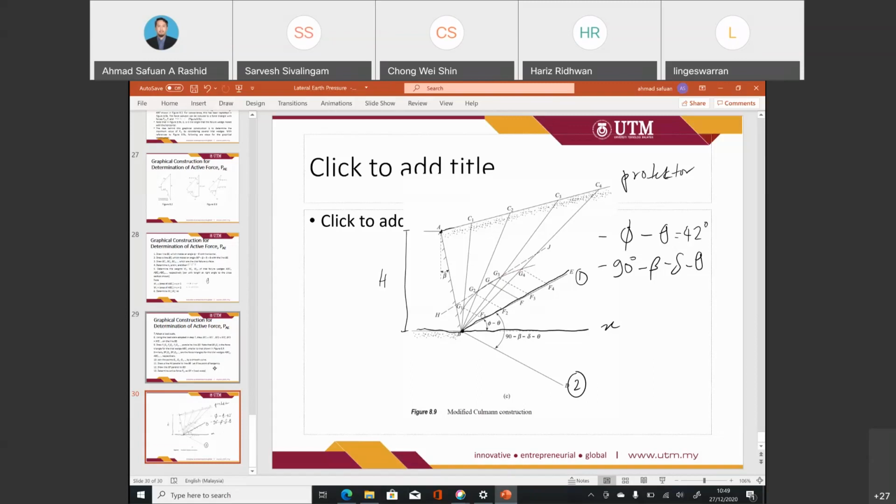Then we may draw what we call the trial failure surface. For this case, the trial failure surface is BC1, BC2, BC3, and BC4. So this is the third step.